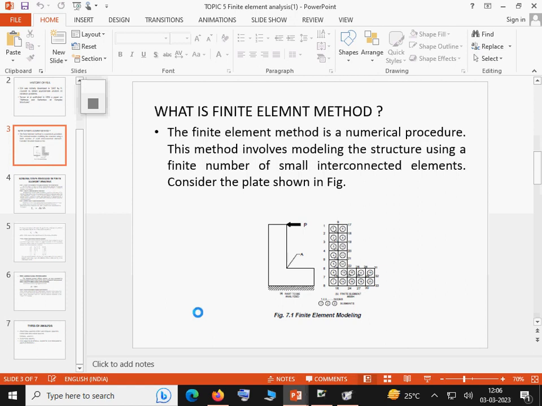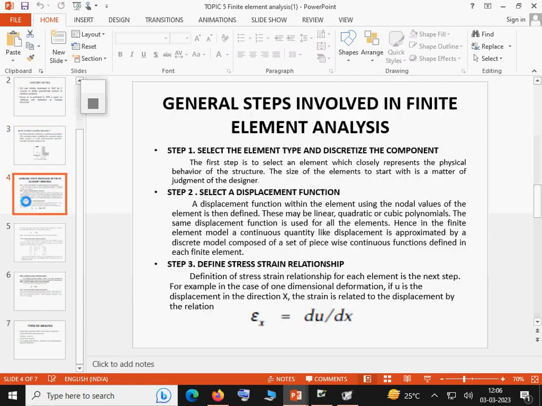This is the general FEA procedure, the finite element procedure to solve structural problems. First one is noding. First one is discretization. Then second one is numbering of nodes and elements. A combination of nodes is known as an element. After that we have to select the element type.